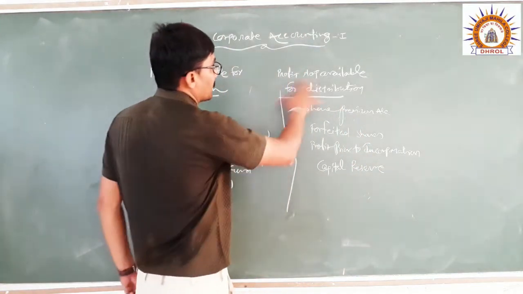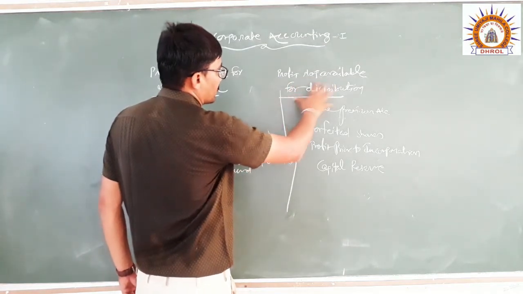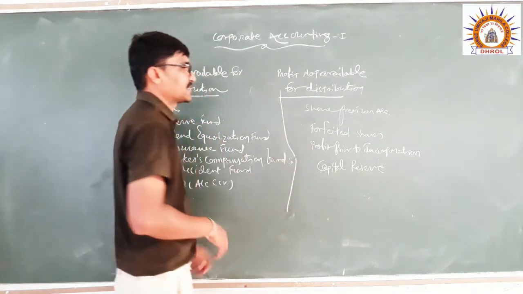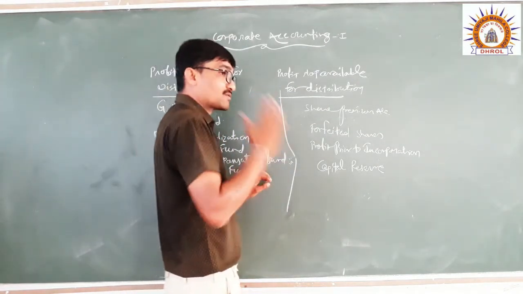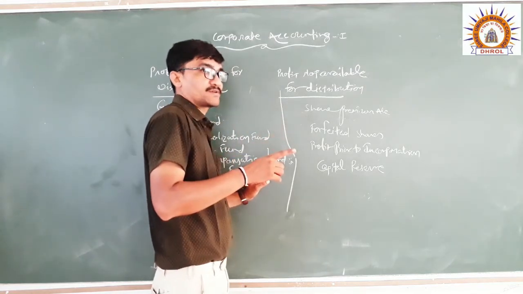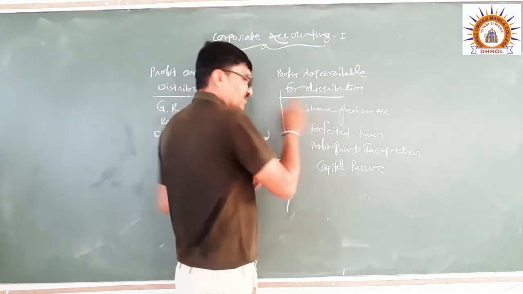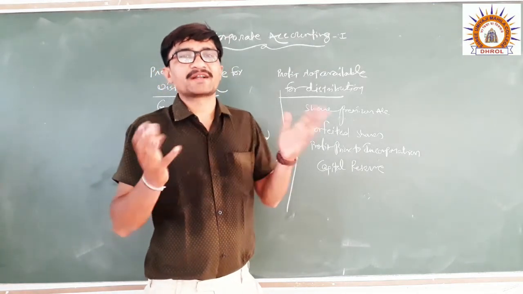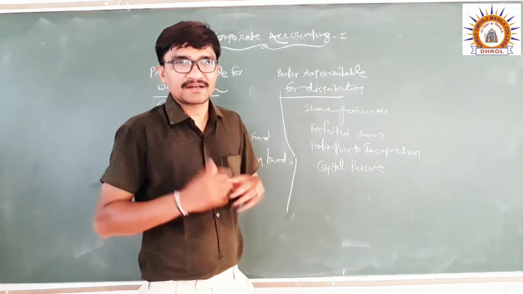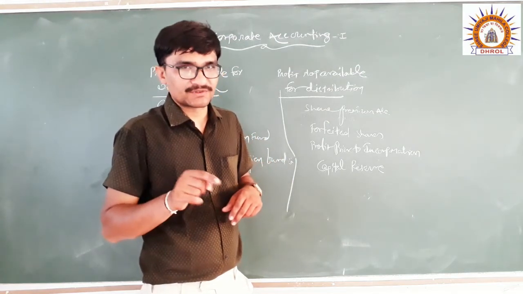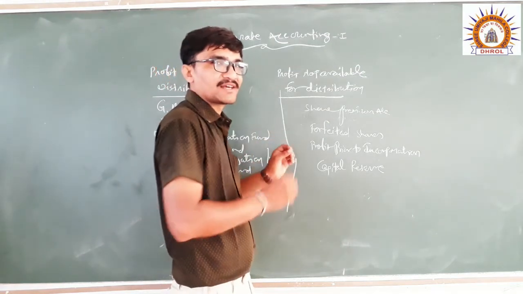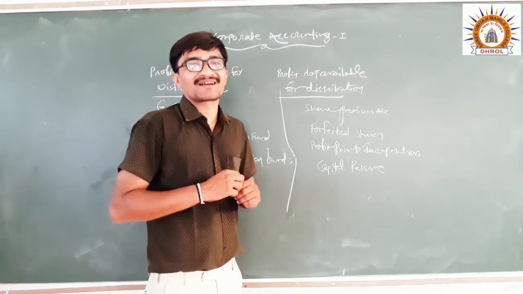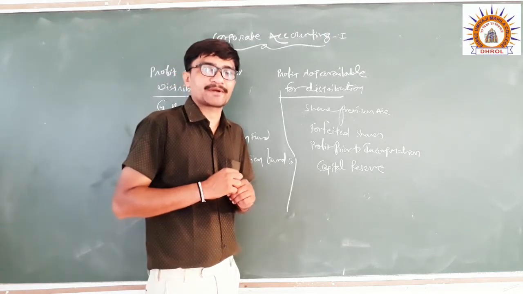Then, which profit is not available for distribution? The share premium account, or you can say the securities premium account. This is not transferred to CRR account, but the amount of equity share premium, if there is a fresh issue of shares and its premium is there, this amount will be utilized for making payment to the preference shareholders while the company redeems the different classes of preference share capital.